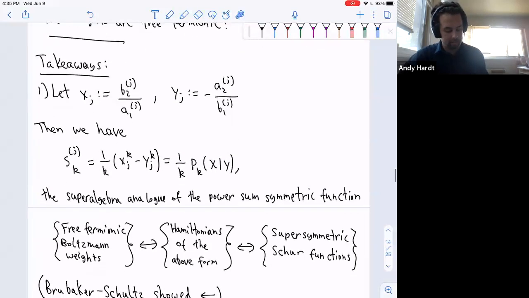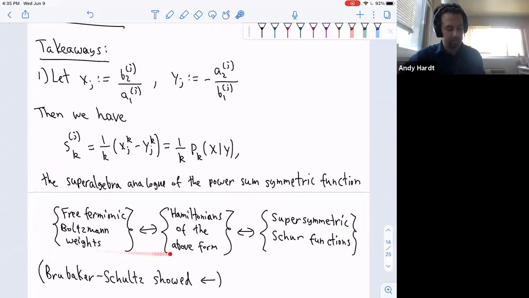And so we have this kind of correspondence here. When we have free fermionic Boltzmann weights, this corresponds to Hamiltonians of the above form, and this corresponds to supersymmetric Schur functions. So in other words, it would not surprise me if this is in the literature, but it seems from this that all partition functions with these boundary conditions with free fermionic Boltzmann weights are supersymmetric Schur functions, and vice versa.